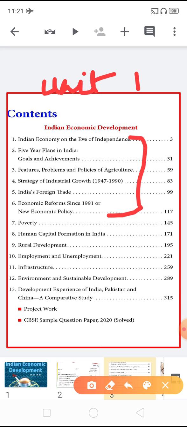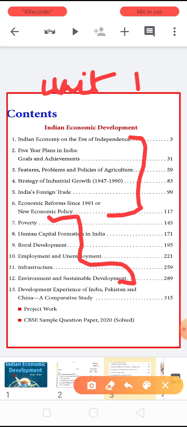Unit number 2 is current challenges facing Indian economy, which contains a weightage of 22 marks in your board examination. In this unit you are going to learn chapter number 7 to chapter number 12.